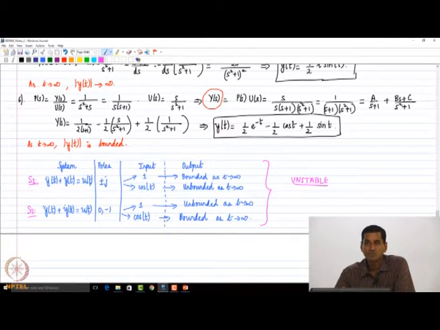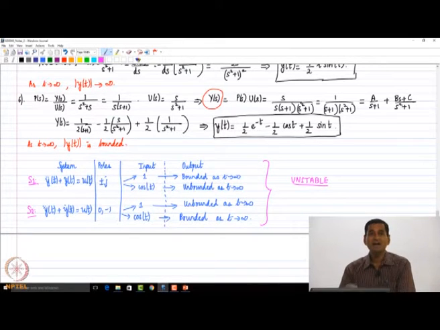So let me repeat that statement. Let us take S1. If I give any other cosine or sine input, cos omega t, sin omega t, such that omega is not equal to 1, then the output will be bounded. And the output is also bounded for a unit step input, right, isn't it?